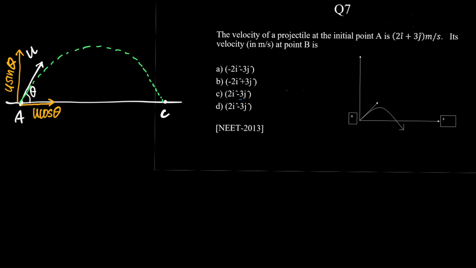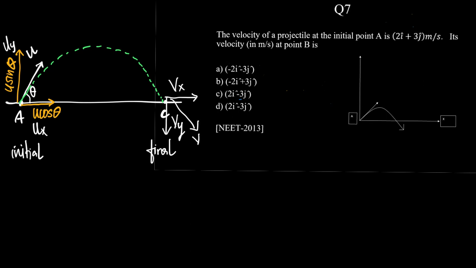Let us write down only the components. So this is ux, and this component here is uy. So this is the initial part of the motion. So when we arrive at the final part of the motion, what we get is this: horizontal velocity would be vx, and the vertical velocity here would be vy, and the resultant velocity would be v.